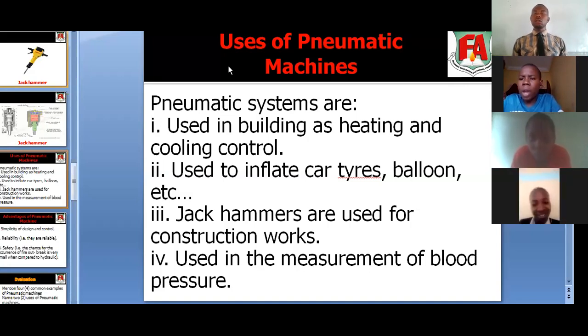Thermometer. Yes, if you go to hospitals, they will use the thermometer. They'll place it on your elbow, and you fold your elbow, right? Now, it has what we call mercury inside the thermometer.